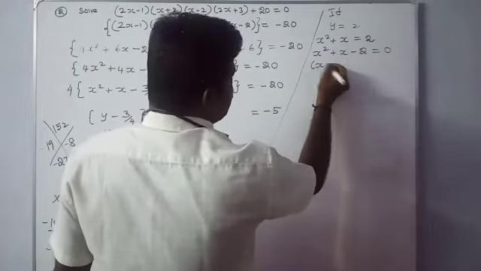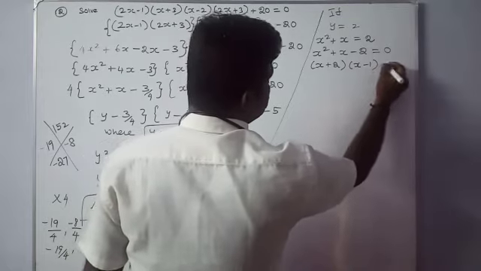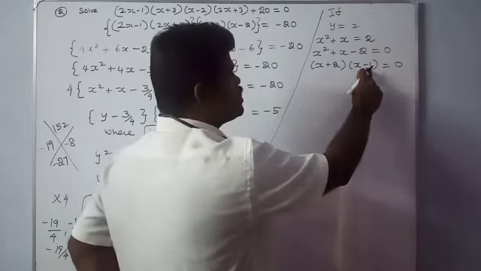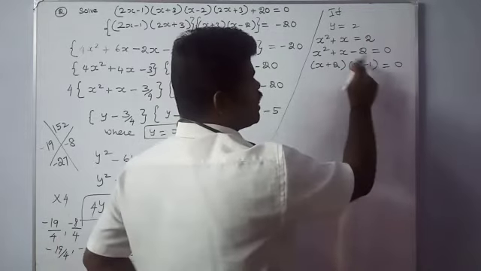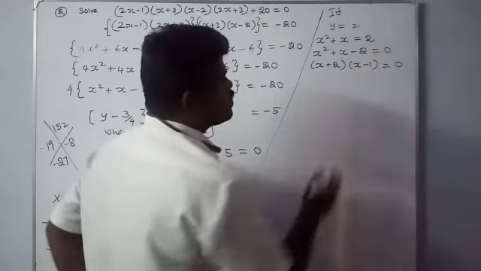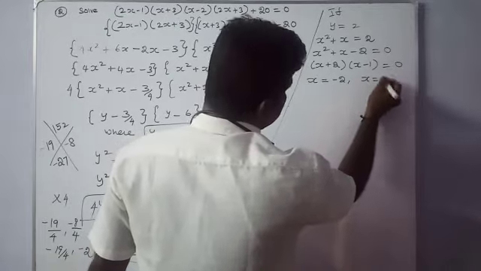What are the roots? x plus 2 into x minus 1 equal to 0, because of the sum of the roots and the product of the roots. Sum of the roots: 2 minus 1 is 1, and the product of the roots: 2 into minus 1 is minus 2. Therefore x is equal to minus 2, comma, x is equal to 1.